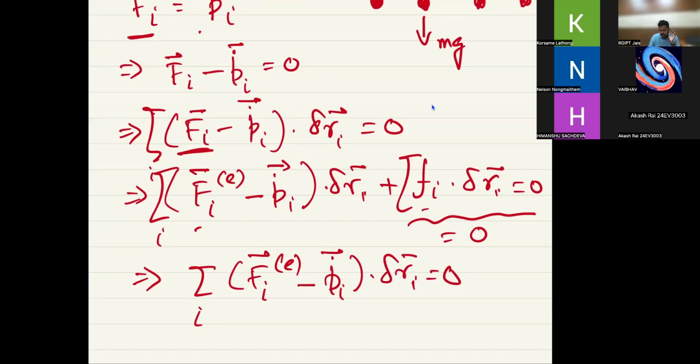This is called D'Alembert's principle: when the system is in equilibrium, the externally applied forces and the rate of change of momentum, if you multiply that with the virtual displacement, that is equal to 0. That is D'Alembert's principle.